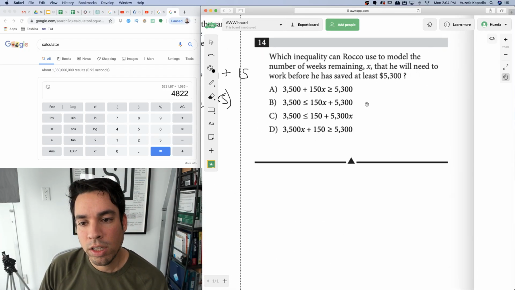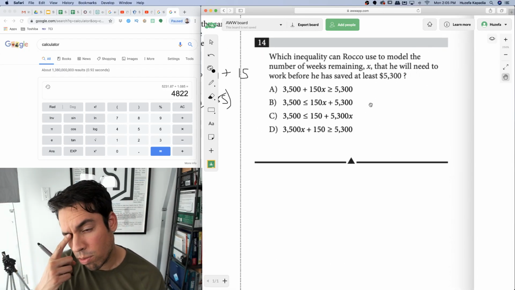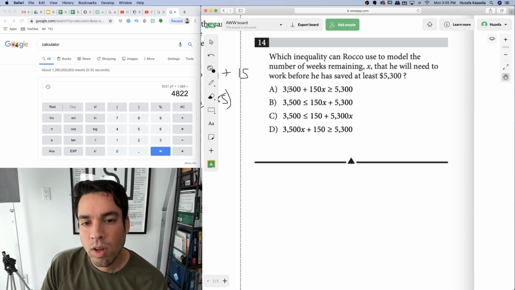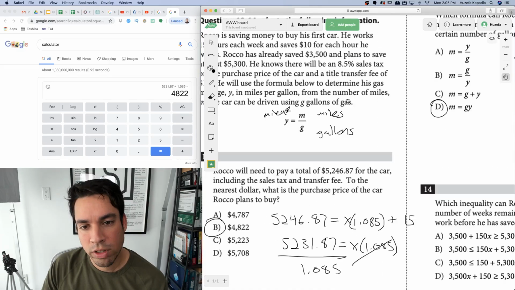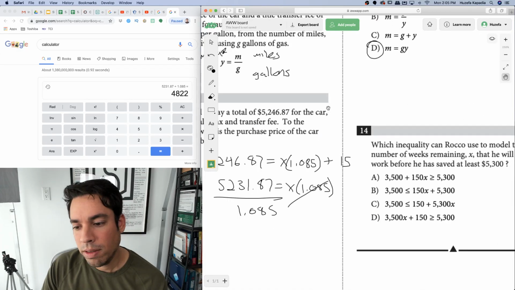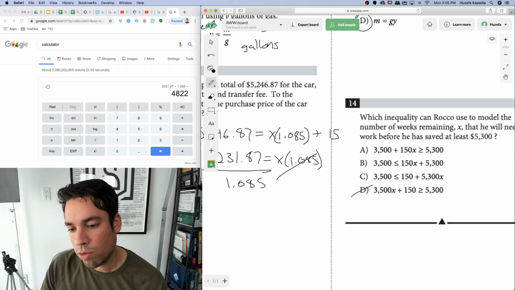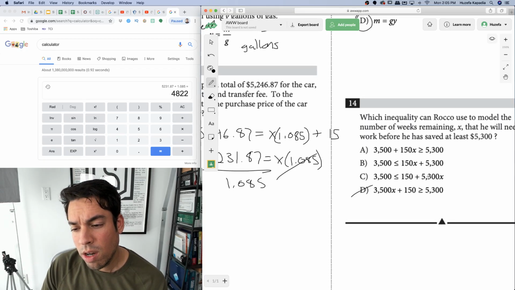That's it. Number 14, which inequality can Rocco use to model the number of weeks remaining that he will need to work before he can save at least $5,300? So he currently has $3,500, right? So this is wrong because we're not multiplying 3,500 times the number of weeks. We're not multiplying 5,300 times the number of weeks. That doesn't make any sense. It's one of these two.